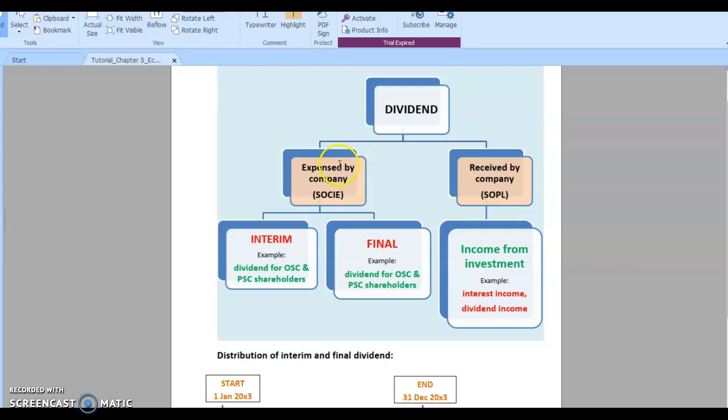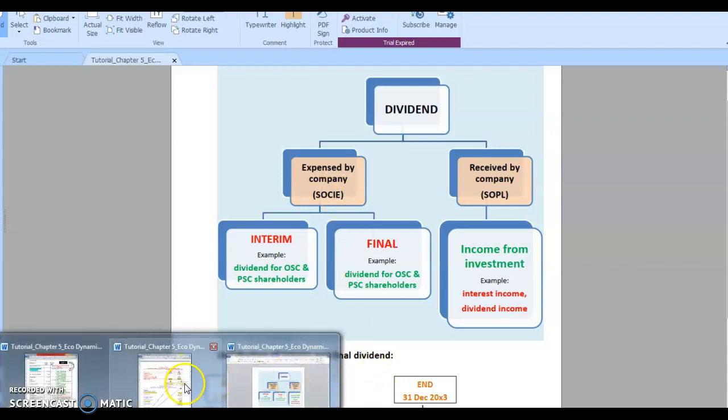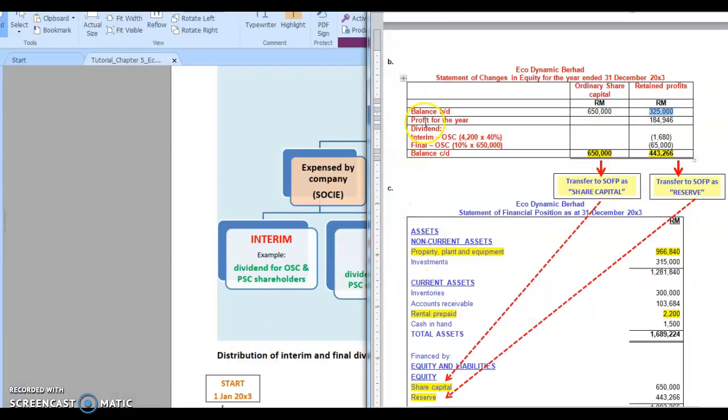So basically, when a company earns a profit, it will retain or accumulate the profits in retained earnings. This is what we have done. So when the company has profit, it will retain that profit, and it is considered part of the company's savings.